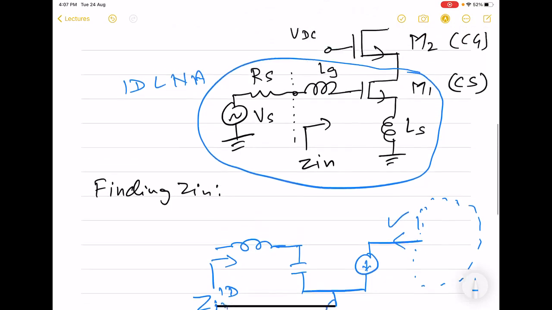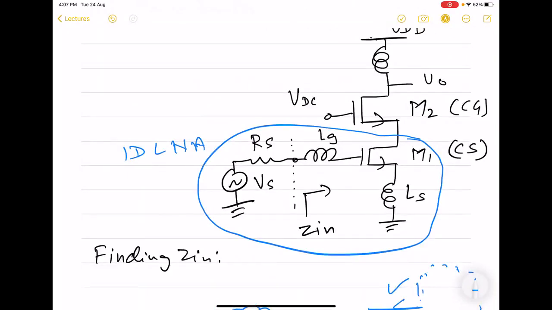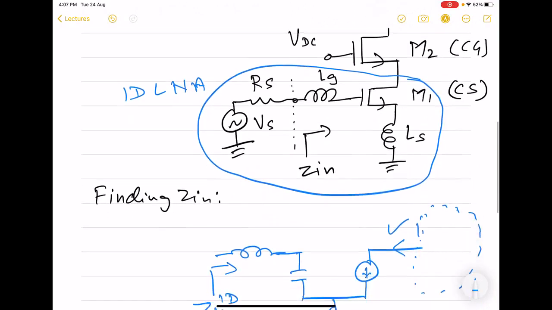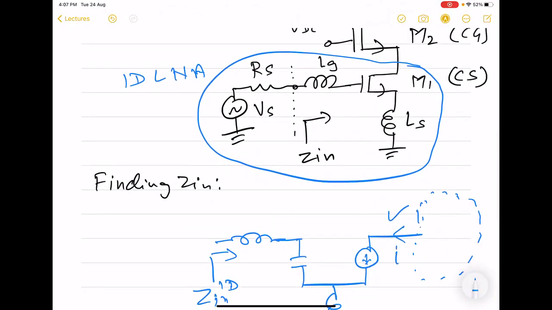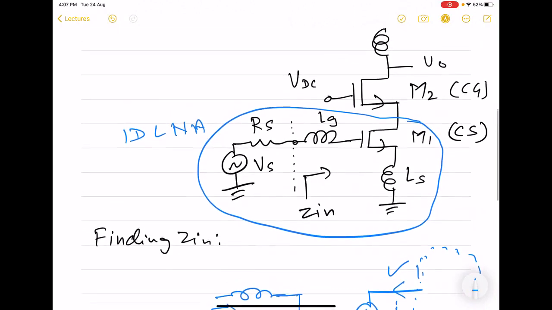So here we have M2, and certainly this current will exist on the drain side of M1. So we can guess that even though we now have M2 connected to the drain of M1, the input impedance is going to remain unaffected.